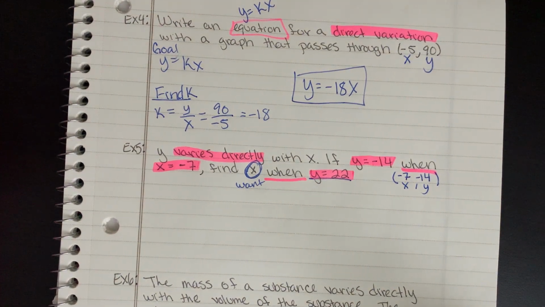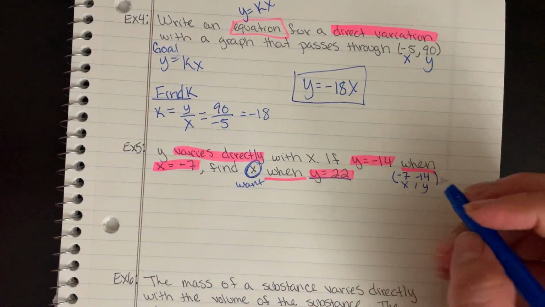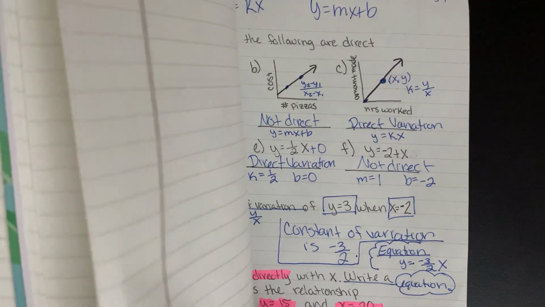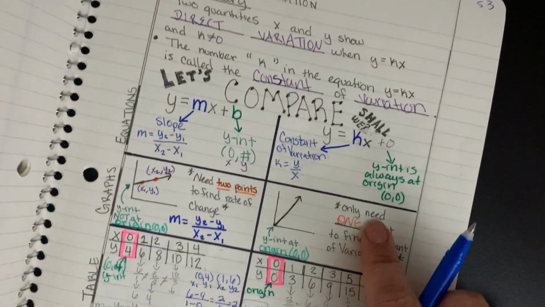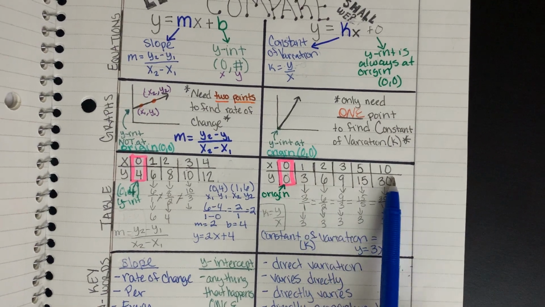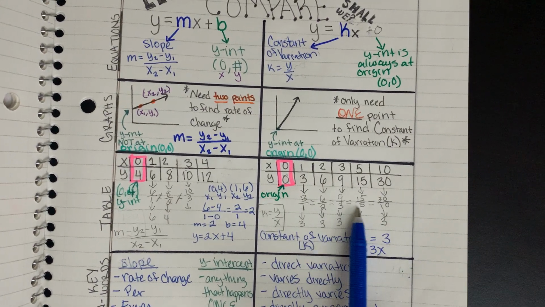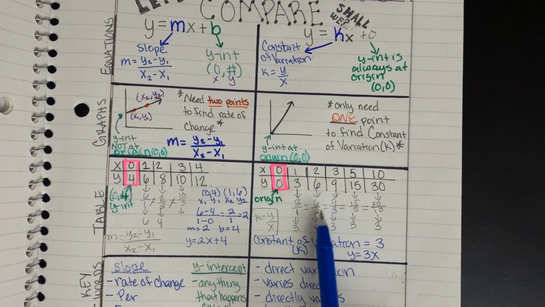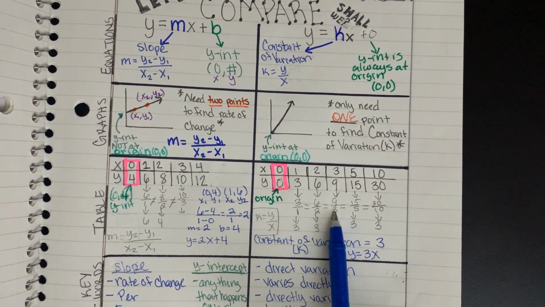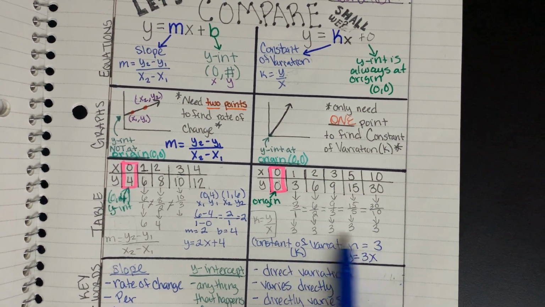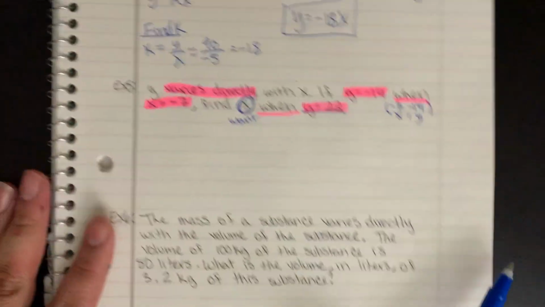Okay, so let's step back a minute. Remember what we were saying earlier when we were looking at our chart? When we have a direct variation type problem, we know that every single point is going to be proportional to each other. This point is going to equal that point, which is going to equal the next point, because they're all proportional, which is what it's saying here.